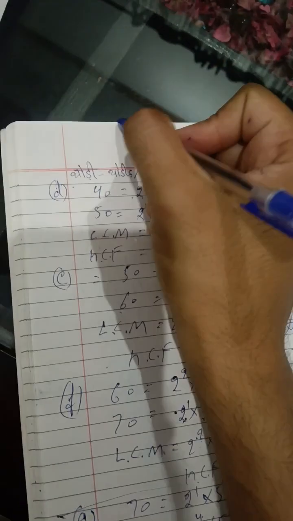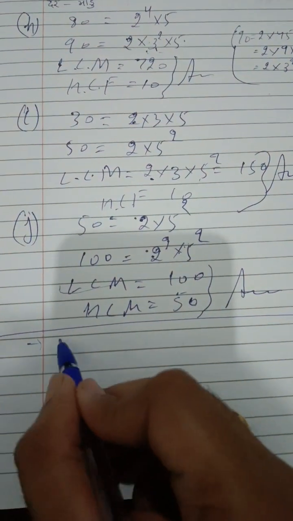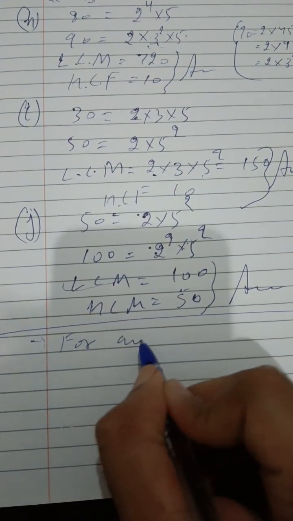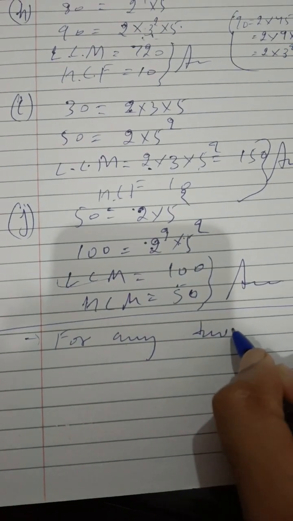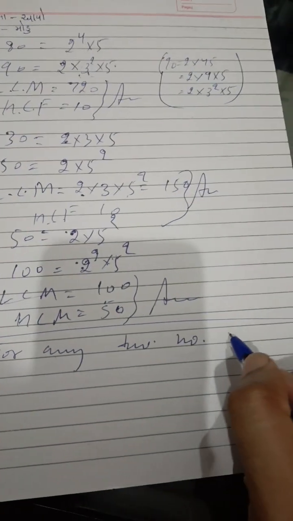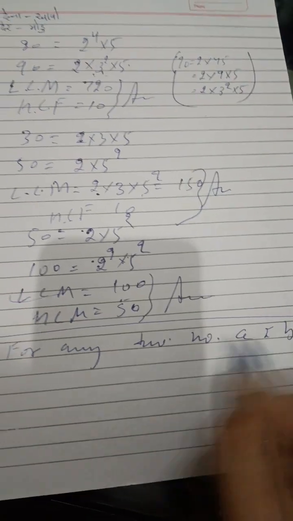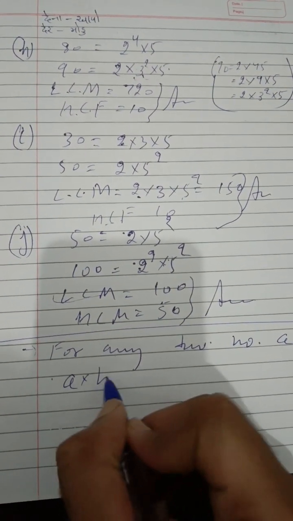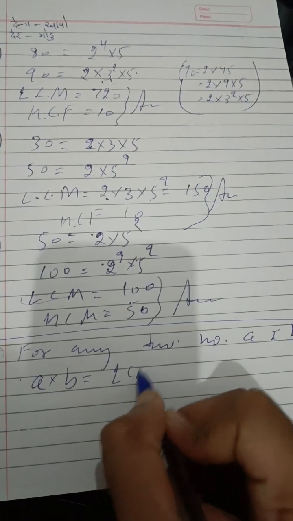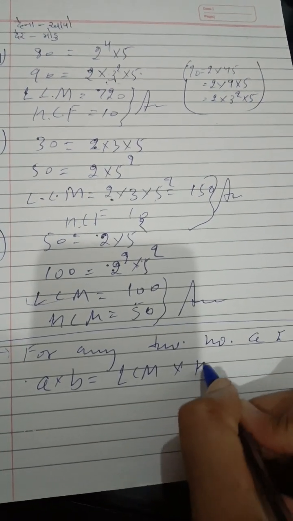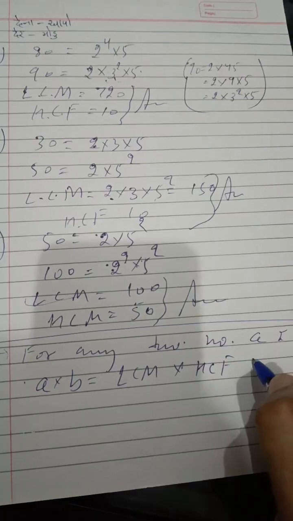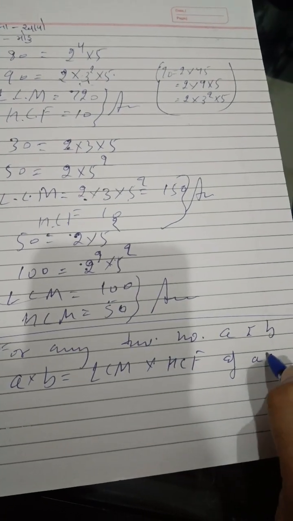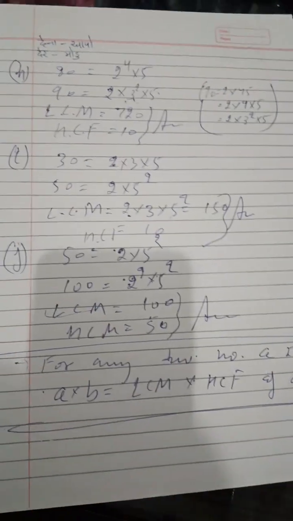So we can say that for any two numbers A and B, A into B is equal to LCM into HCF of A and B. Okay, that's it.